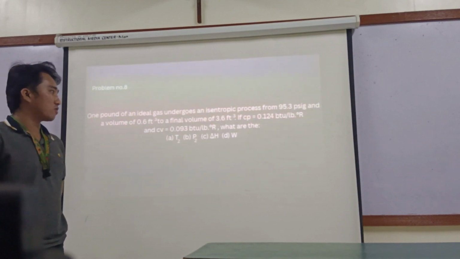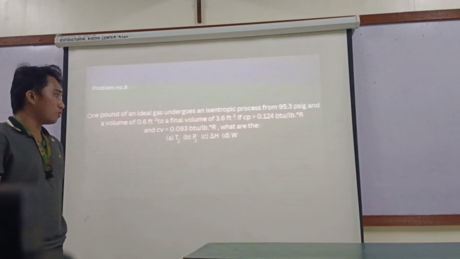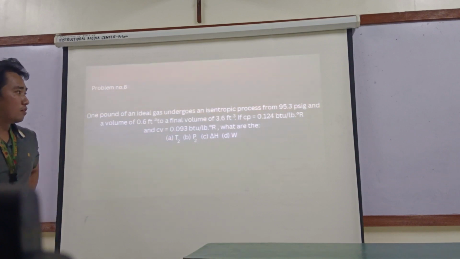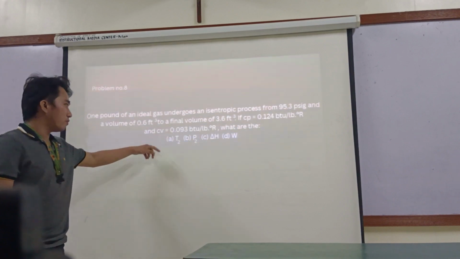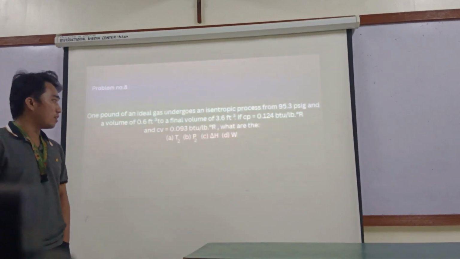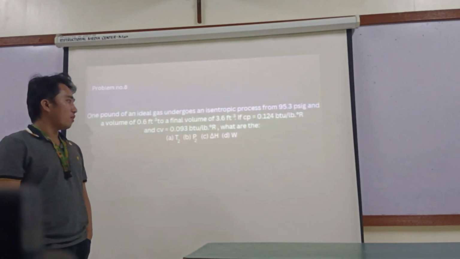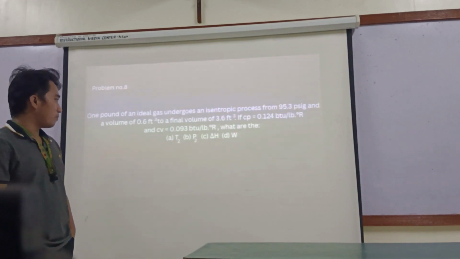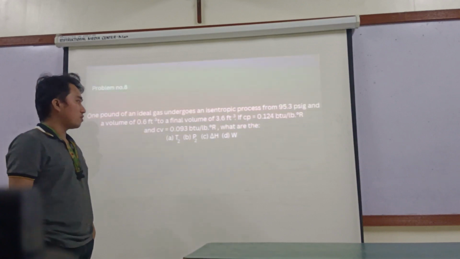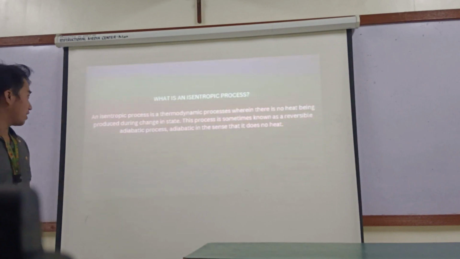If the constant pressure Cp is equal to 0.124 BTU, British thermal unit per pound degree Rankine, and the constant volume Cv is 0.093 BTU per pound degree Rankine. What are the A. Final temperature, B. Final pressure, C. Change of enthalpy, D. Work.